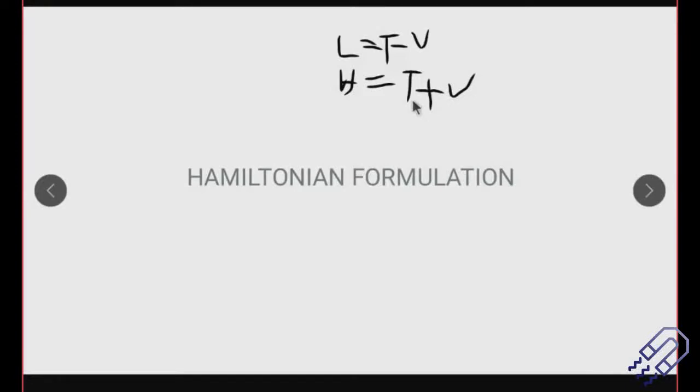The approach is different. If you find the equation of motion of a compound pendulum using Lagrangian, you're going to get the same equation of motion using Hamiltonian also. That's obvious; that should happen. Otherwise, how can you get different answers with different formulations? It should be the same answer, but the approach is different.